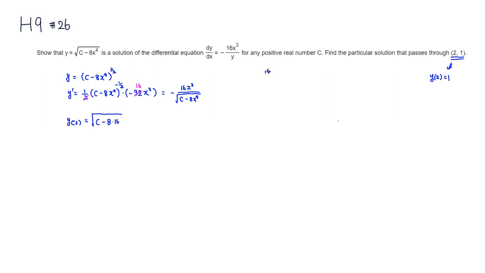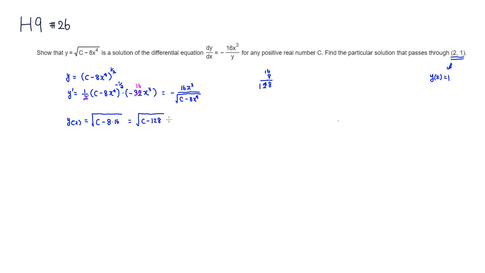What's 16 times 8? 128. So this is the square root of c minus 128.